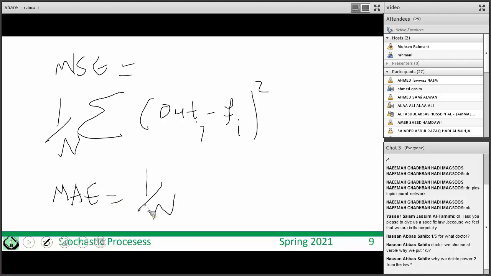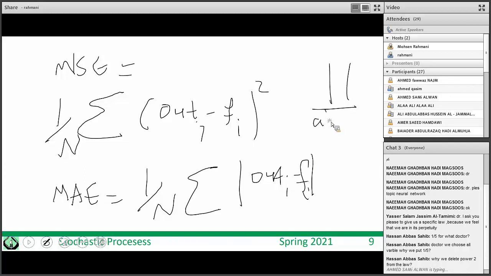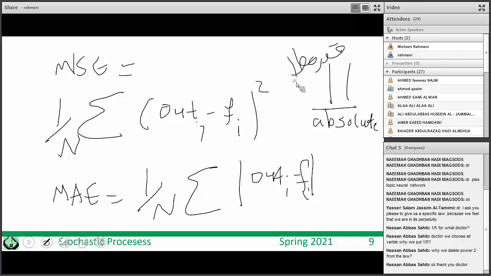But MAE is the average of the absolute. This is absolute. I think in Arabic it is qadr mutlaq.